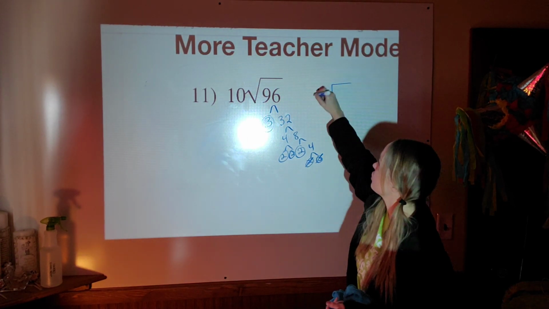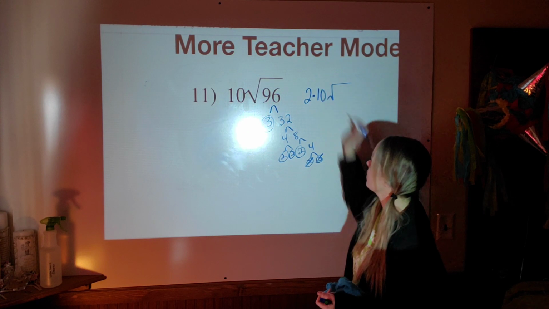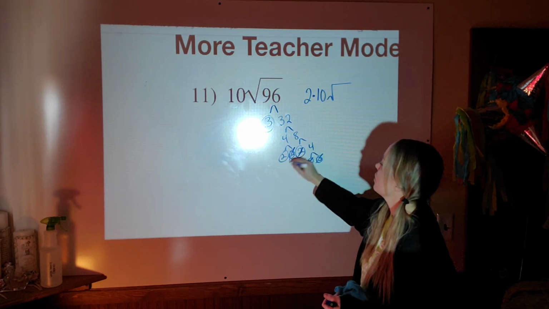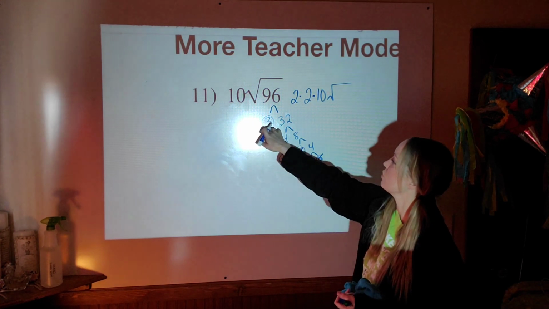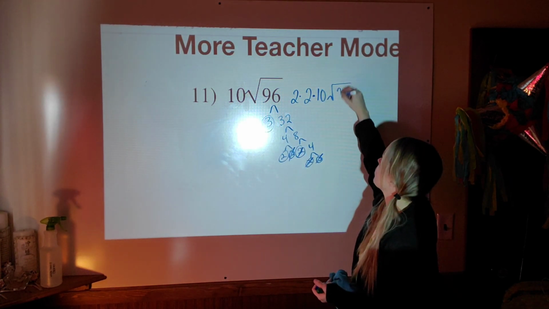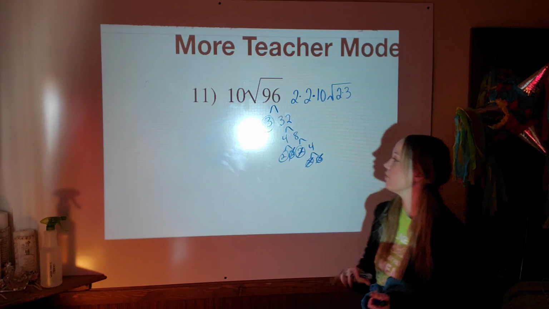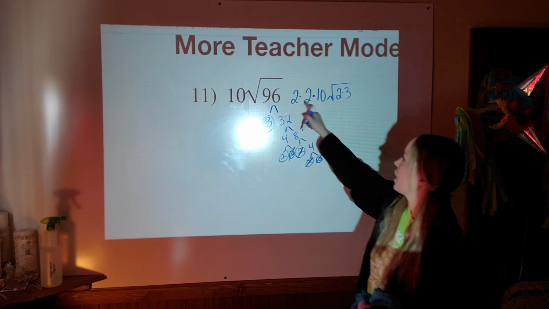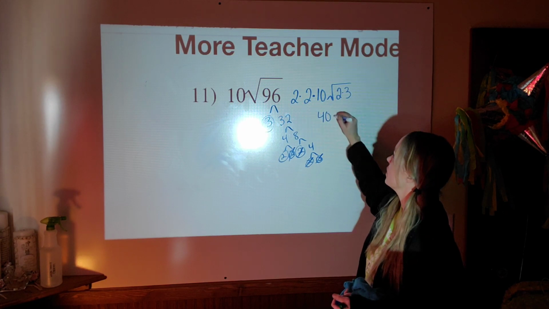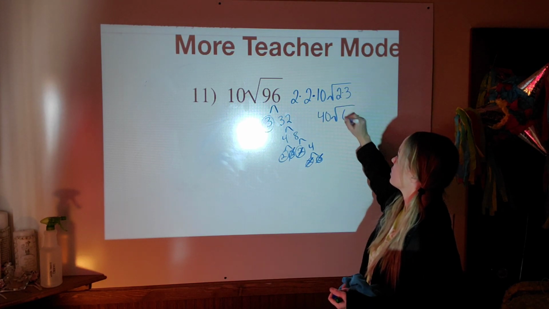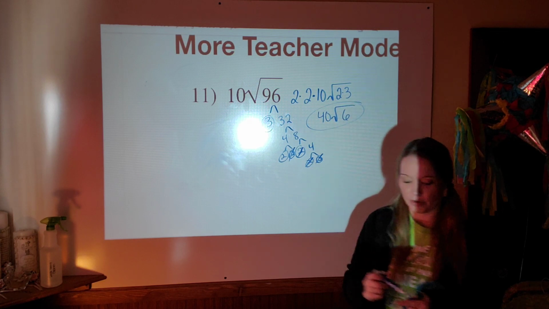We're going to pull out a 2 out in front with it, and then we've got another set of 2 that's going to go out in front with it. And then we've got 2 and 3 inside, so 2 times 3 inside. Everything's multiplied. So we have 2 times 2 is 4, 4 times 10 is 40, and then times 2 times 3, which is 6. And that would be your answer for that one.